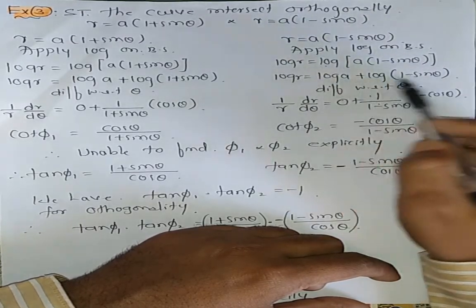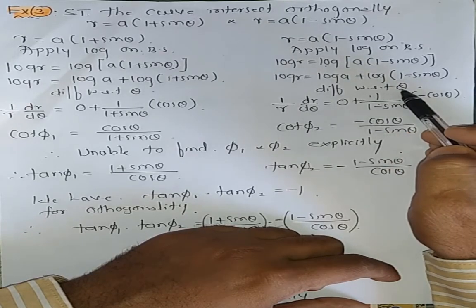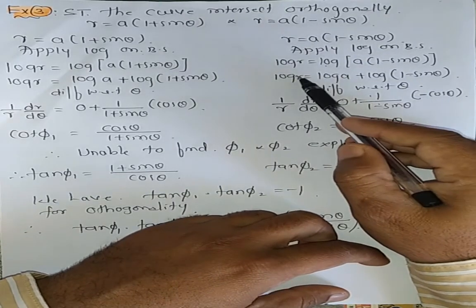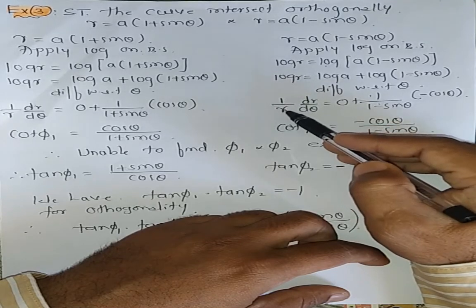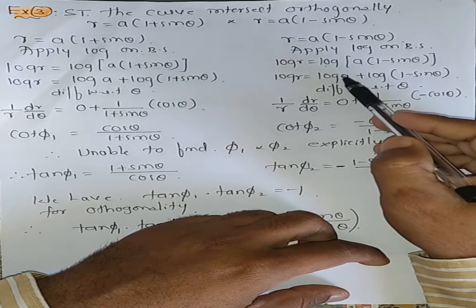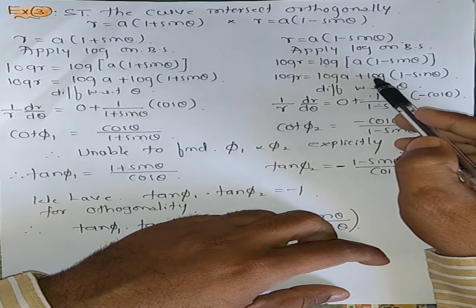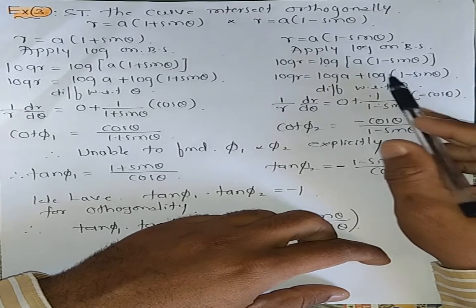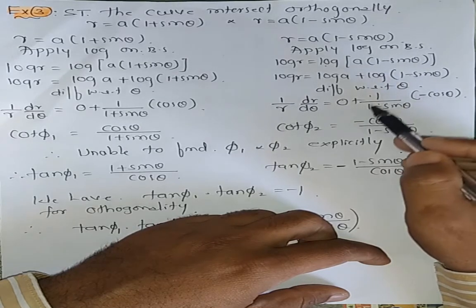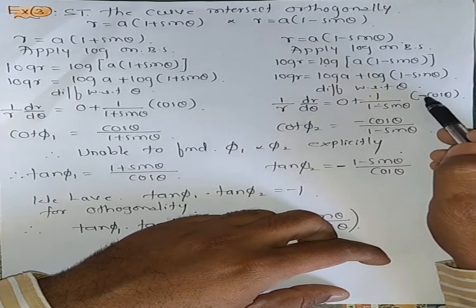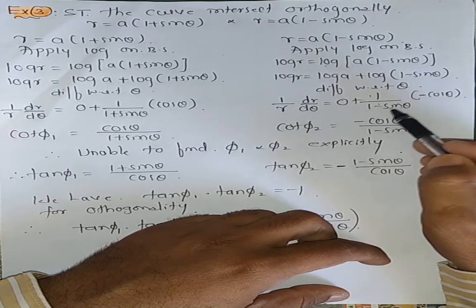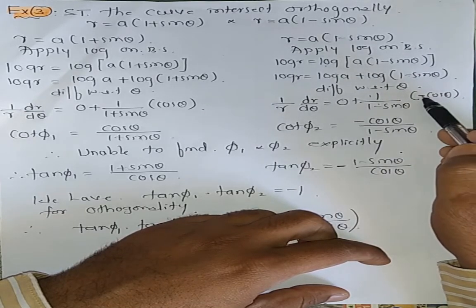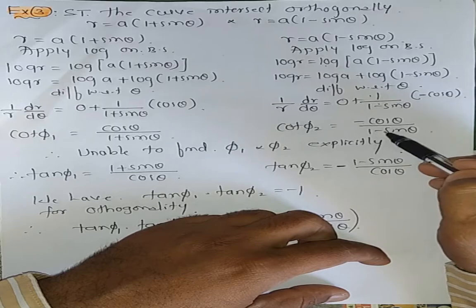Differentiate with respect to θ. The differentiation of log r is (1/r) dr/dθ, equal to, a being constant, the differentiation of log(1 − sin θ), which is 1/(1 − sin θ), since log x gives 1/x. Differentiate carefully: the minus sign as it is, and the differentiation of sin θ is cos θ. So you get −cos θ divided by 1 − sin θ.